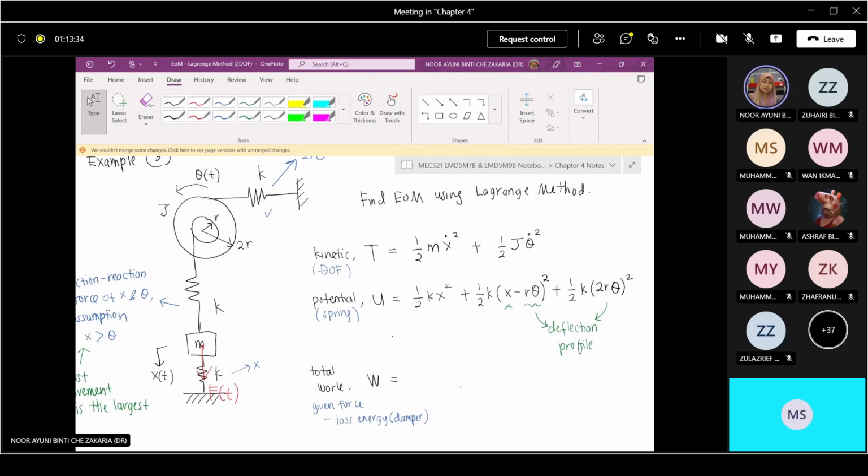Given force minus the lost energy. Tapi given force need to be converted into work. So kena darab distance. You have to remember that. So first, paling senang is you have F. F is a force. Make it into a work times the distance. So distance here, it's related to X.